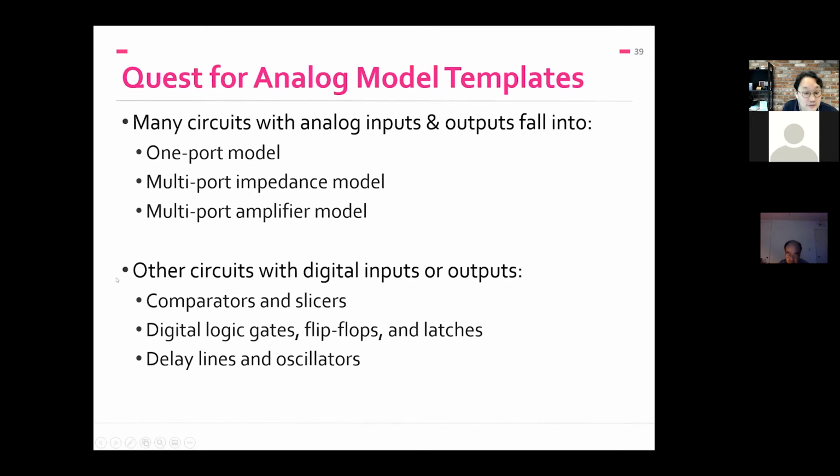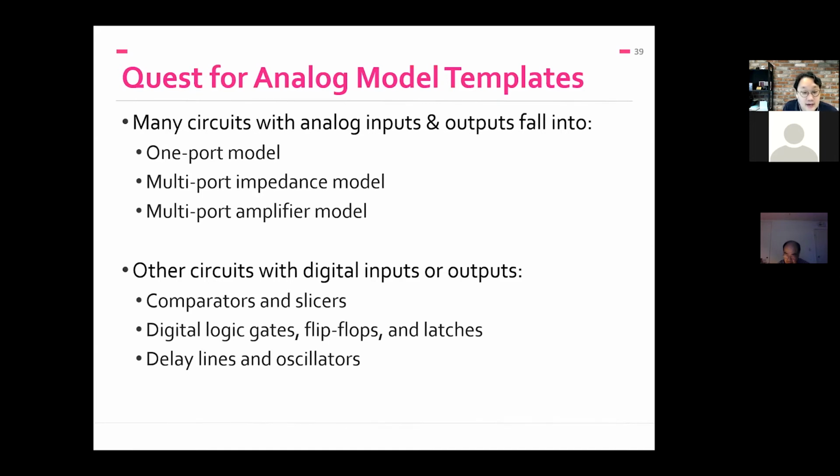Of course, there are other circuits, and they may have either digital inputs or digital outputs. For example, comparators and slicers, which take analog input and produce digital output. And of course, there are lots of digital logic gates embedded in analog circuits, flip-flops and latches.